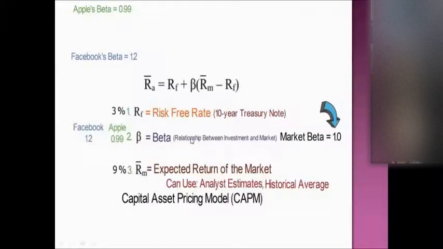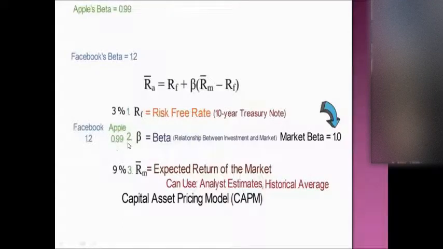So what do you mean by that? The closer the beta of a particular firm, like for example Apple at 0.99, to the market beta, it almost follows, or is somehow similar to, the movement of the market. Halimbawa, tumaas ang value ng stock sa market.